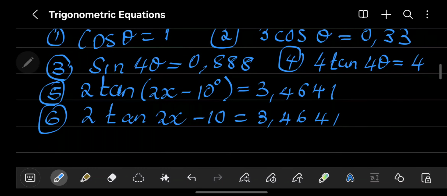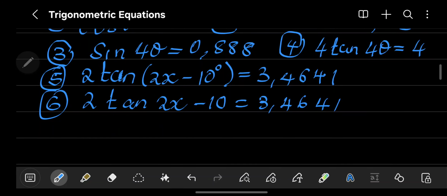So just a hint to answer number 6 and number 5. So guys, you always start with the ones which are joined by plus and minus. Okay? And then the bracket, it should be the last one to be treated. Like for instance, in this one, start with removing 10 first. Okay?